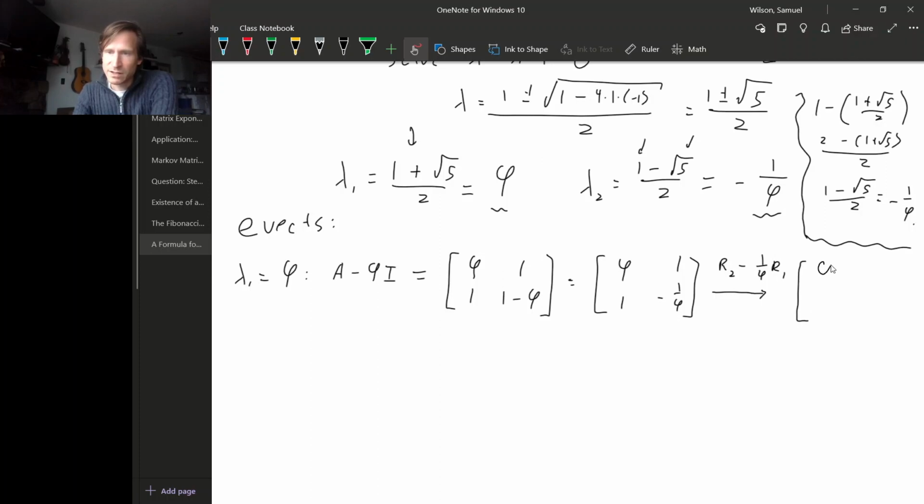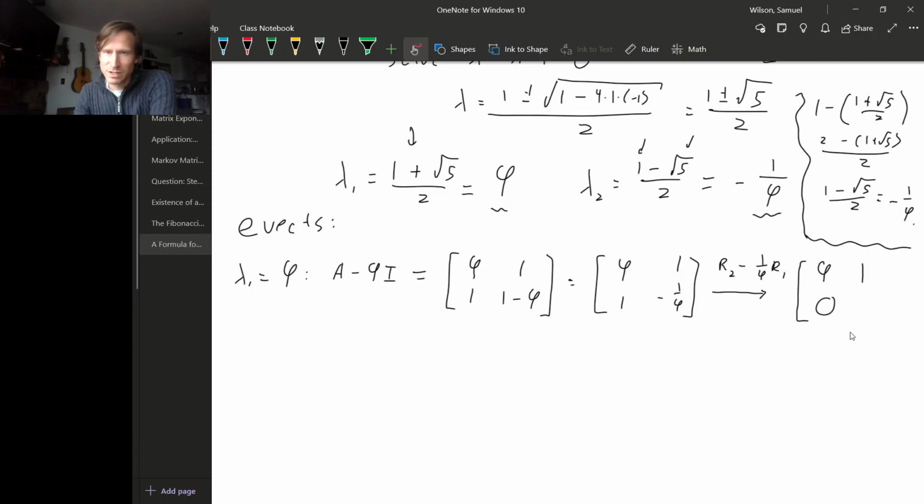That's going to leave row 1 alone, phi and 1, and this bottom left entry, so 1 over phi times phi is 1, so 1 minus 1 is 0, and then 1 times minus 1 over phi is minus 1 over phi.